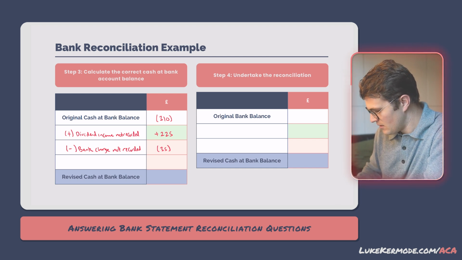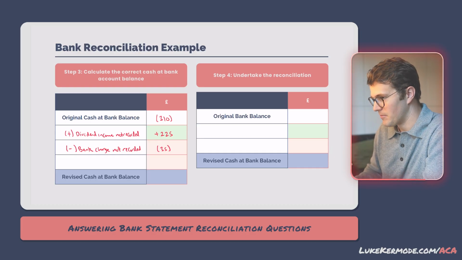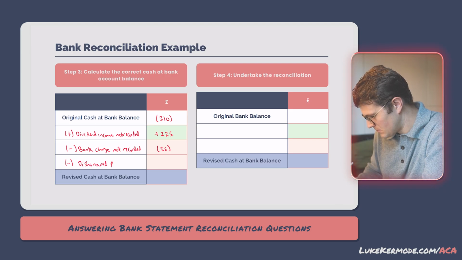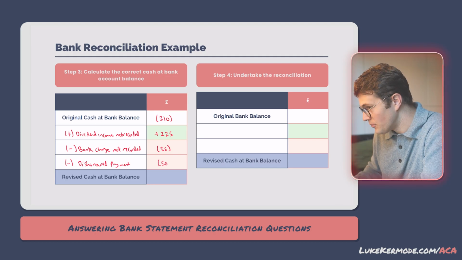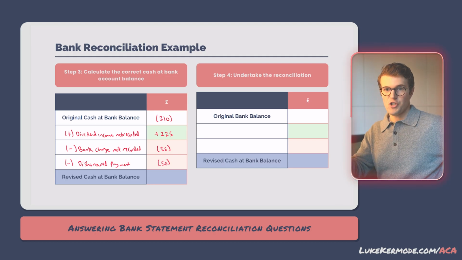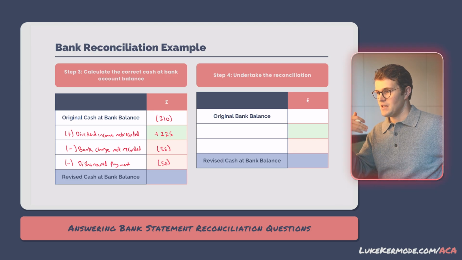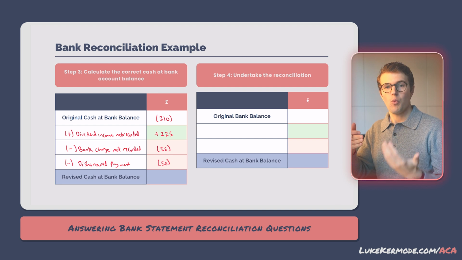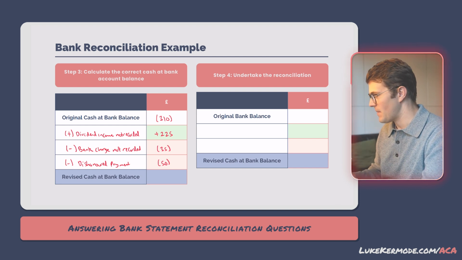And finally, to get to our revised cash at bank balance, we need to reflect the dishonoured payment of £50. This again reduces the cash at bank account balance, as this was a cash receipt the business thought it had received, but it actually wasn't honoured by the customer's bank, so that reduces our cash at bank balance.